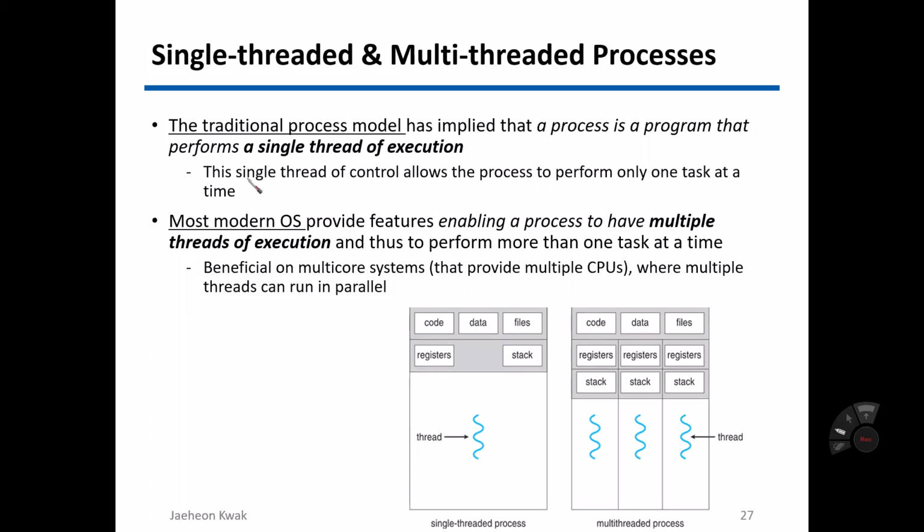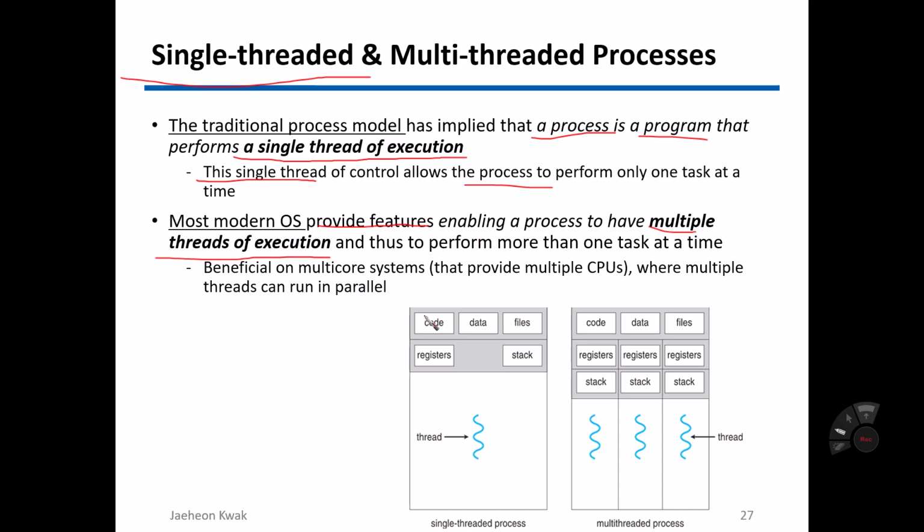The traditional, old computers implied that a process is a program. So one program is one process. It is called a single thread of execution, or single threaded. This single thread controls the process to perform everything. However, most modern operating systems provide multiple threads of execution.